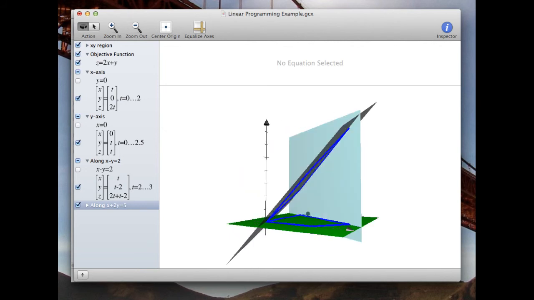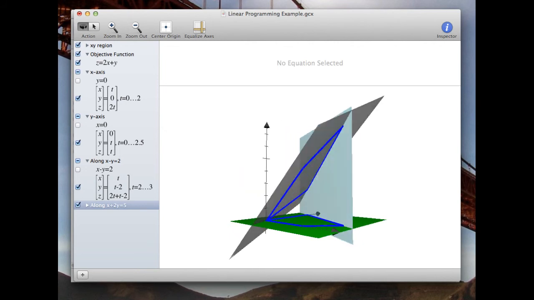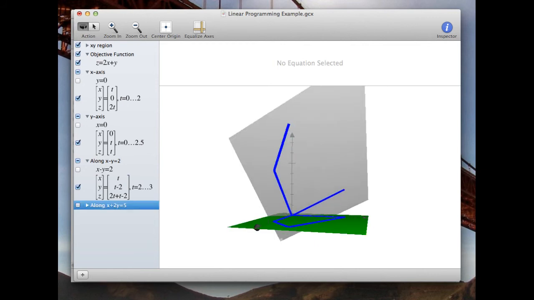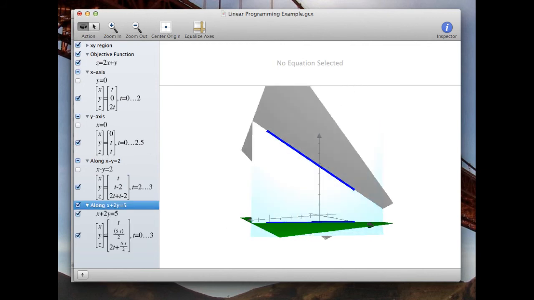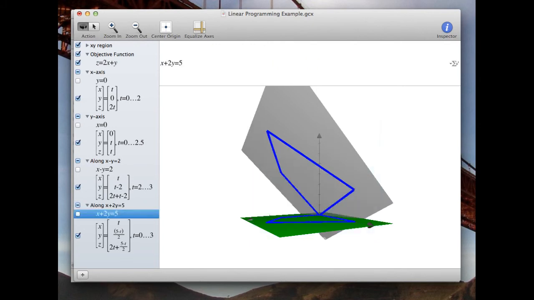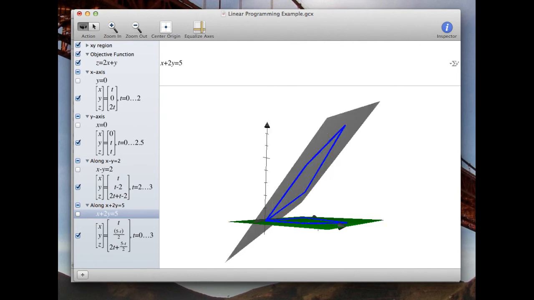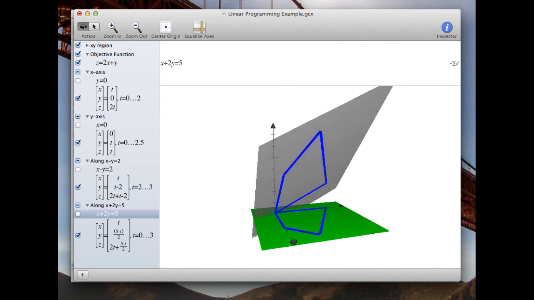So the easiest way maybe to understand this is that the lines that you're graphing in 2 dimensions, let me stop this spinning, it's slowing me down. The lines that you're graphing in 2 dimensions, when you graph them in 3 dimensions, are planes, and they're actually vertical planes. So they're kind of like the walls of a room.